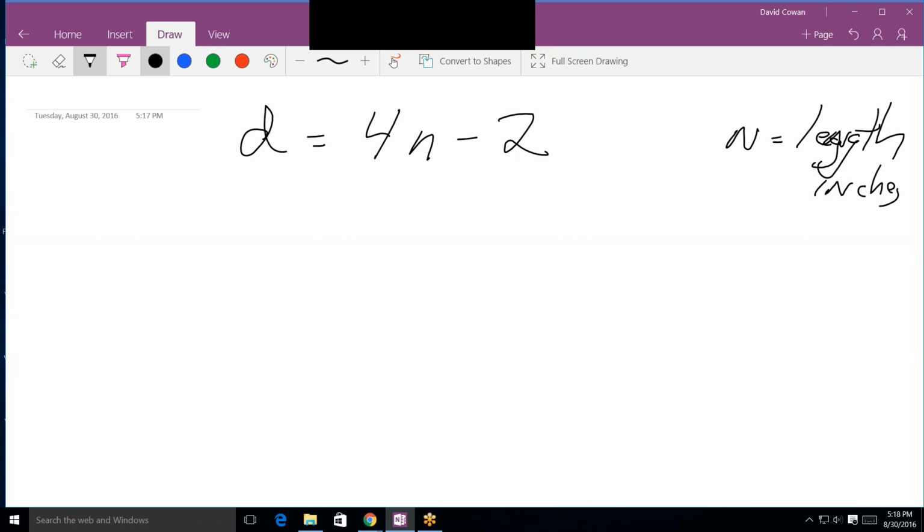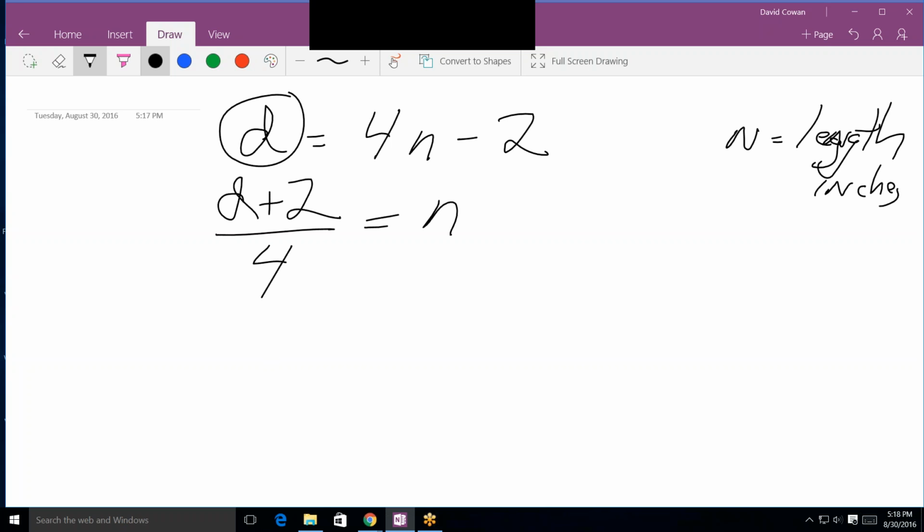So we do plus 2, and then divided by 4. Always remember that if it's already solved for d, you're not solving for d, you're solving for the other variable, the one that isn't solved for, n.